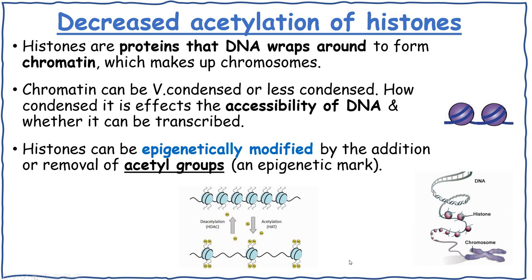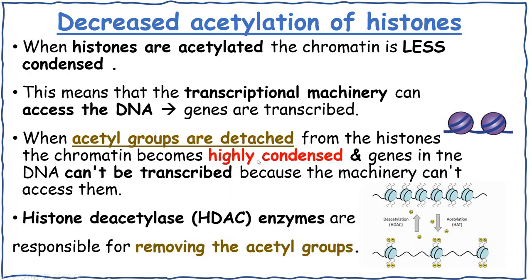Histones can be epigenetically modified by the addition or removal of acetyl groups, which is another type of epigenetic mark. When histones are acetylated, the chromatin is less condensed. This means that the transcriptional machinery can access the DNA quite easily, and therefore the genes are transcribed.